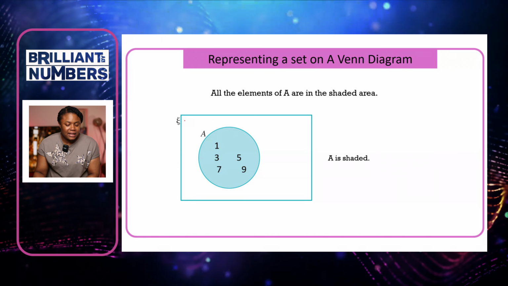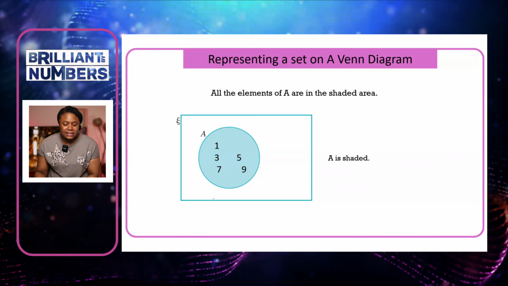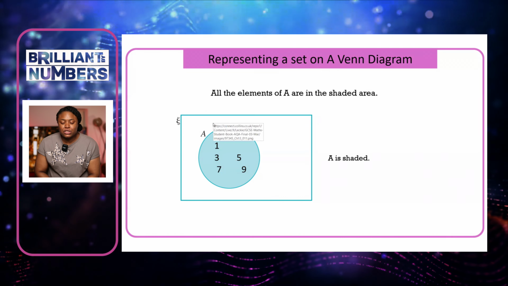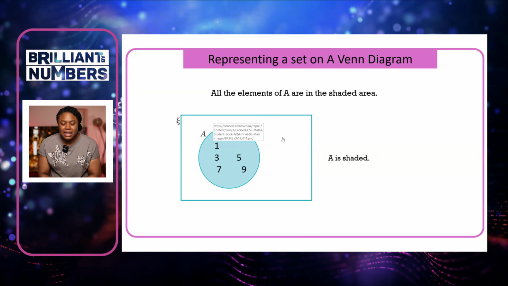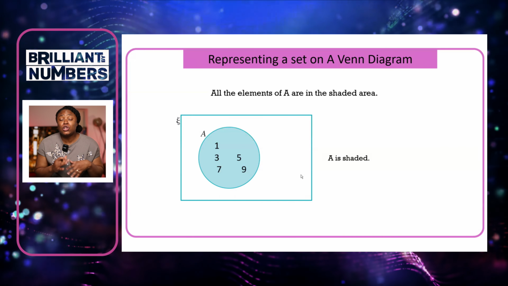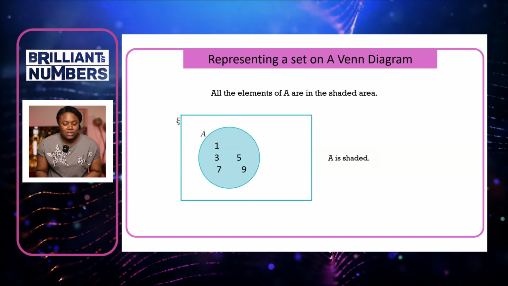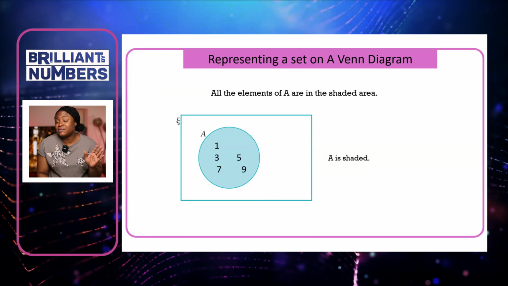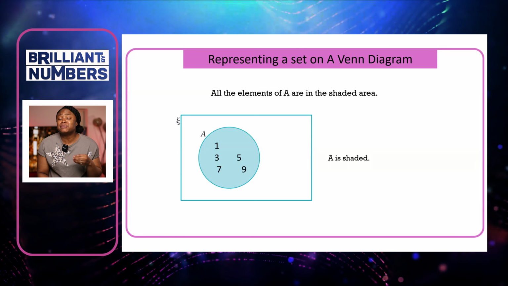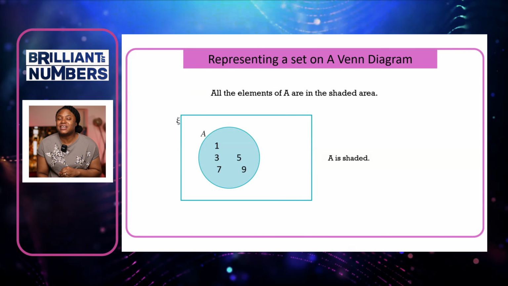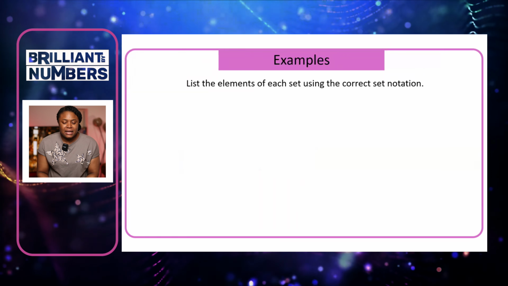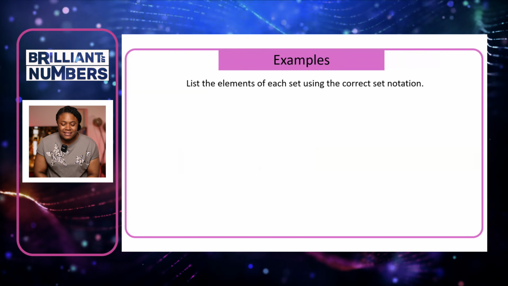You can see that the circle is within a rectangle. The outer part of the circle, which is the rectangle, represents all numbers that are not a part of set A. That's how we would put this if we were asked to draw a Venn diagram to represent this particular information. Next, we're going to look at some examples.